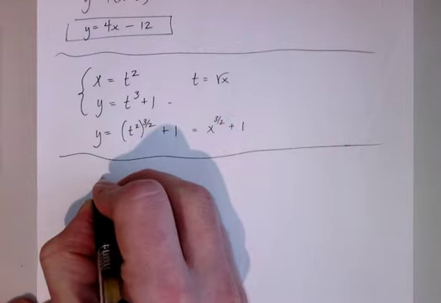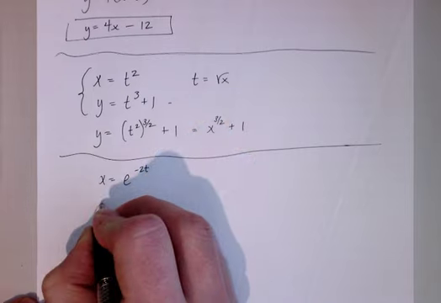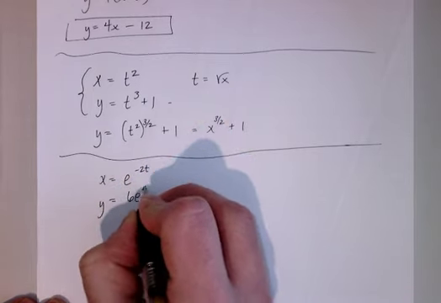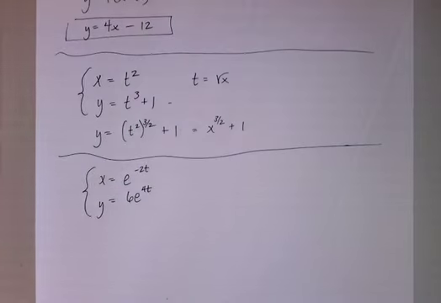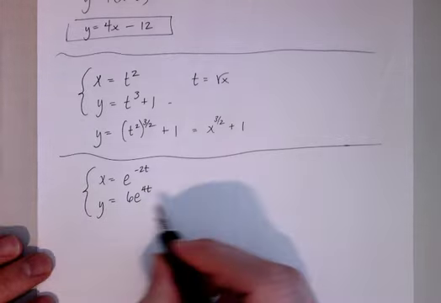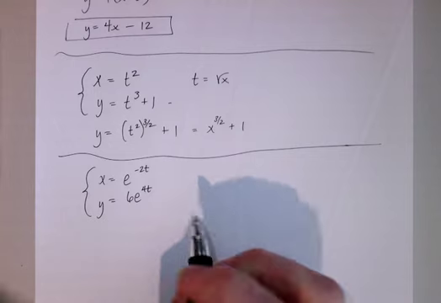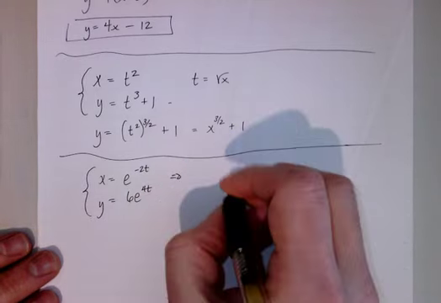So if we have x is equal to e to the negative 2t, and y is equal to 6e to the 4t, what do I know about both x and y? Well, I know that they're always going to be positive. Those are exponentials, right? And remember that when I'm eliminating the parameter, I don't have to solve for t. I can solve for an expression rather than a variable.